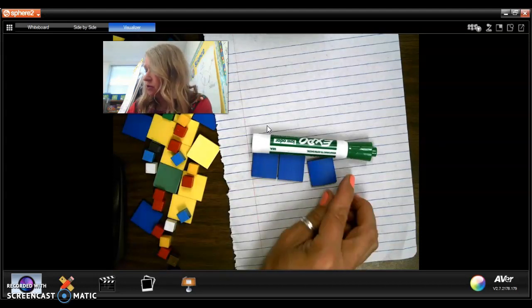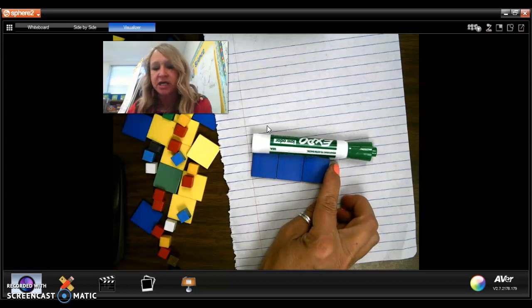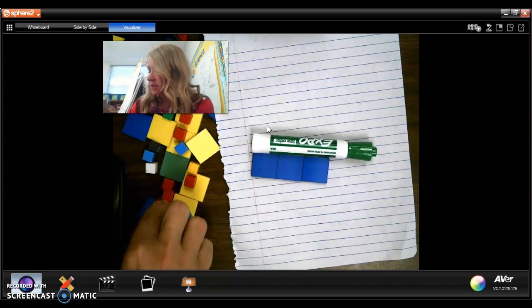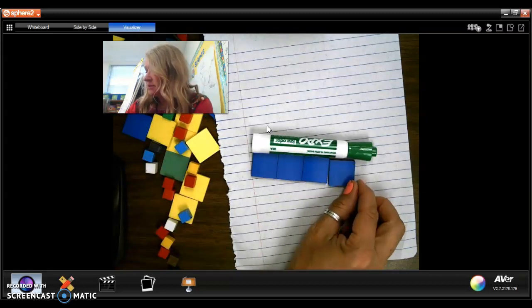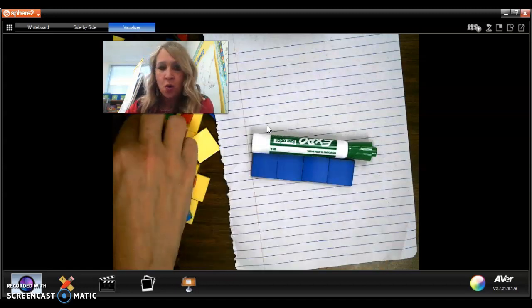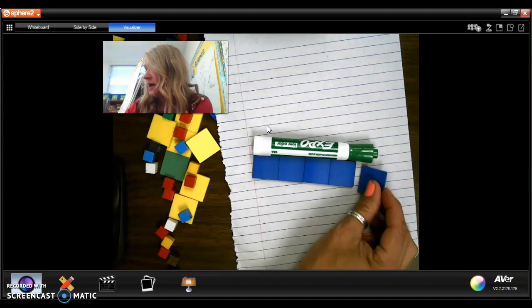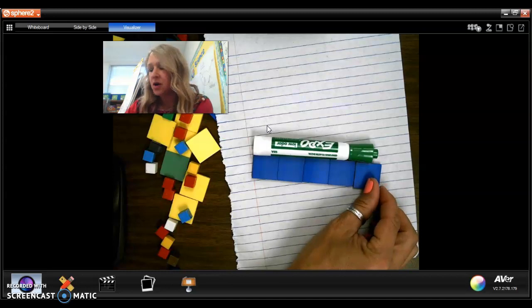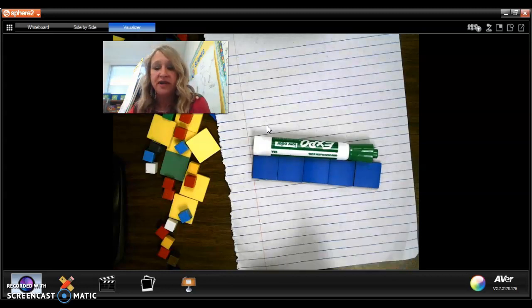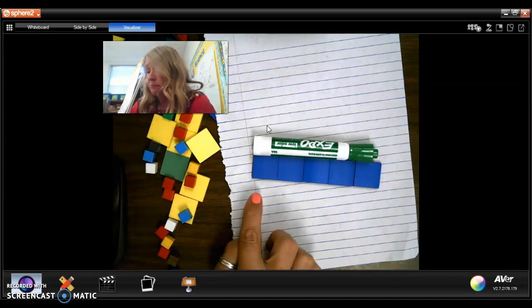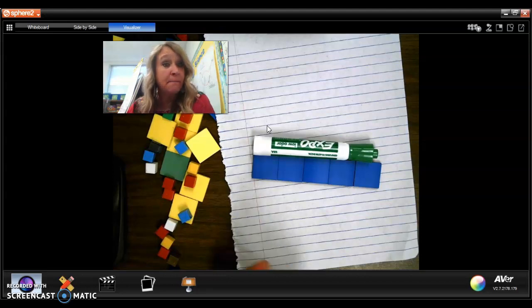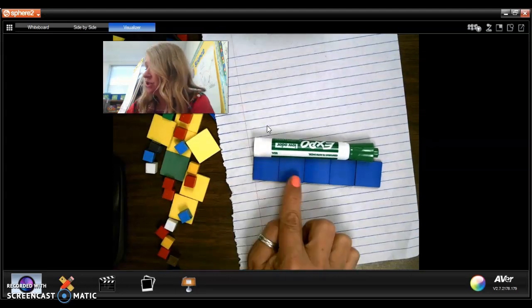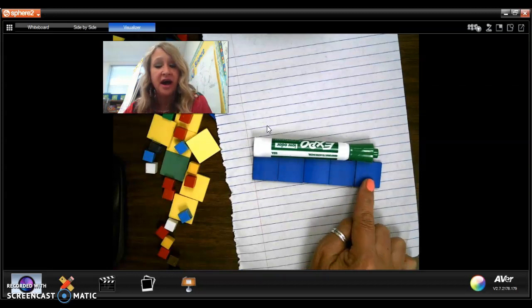I need to push those two close together so they're touching. End to end. No gaps, no overlaps. All right, so that one goes just a little bit off. It's fine. My expo marker is about 1, 2, 3, 4, 5 square tiles long.